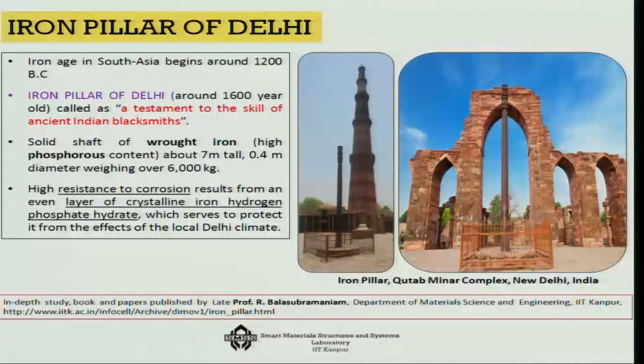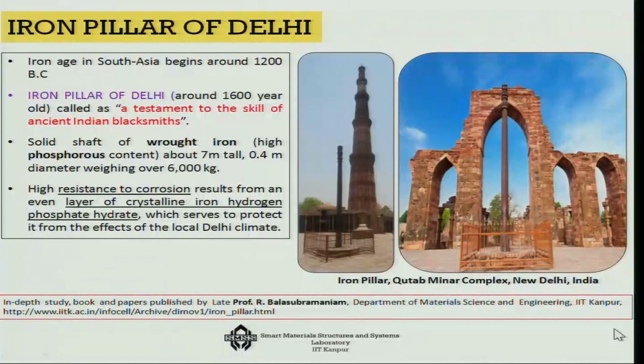If you check this particular reference, you will see that there is a layer of crystalline iron hydrogen phosphate hydrate, which serves to protect it from the effects of the Delhi climate. So, that was a very interesting part of early improvements or early applications of iron for making various types of products.